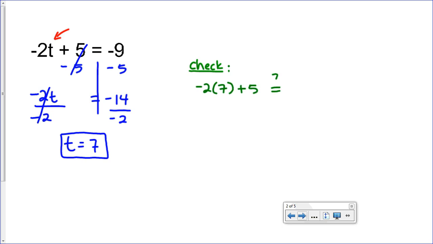I need to make sure that equals 9. Negative 9, I'm sorry. So negative 9 does equal negative 9. So I know my answer is correct. I forgot my negative on the 9 there at the beginning.